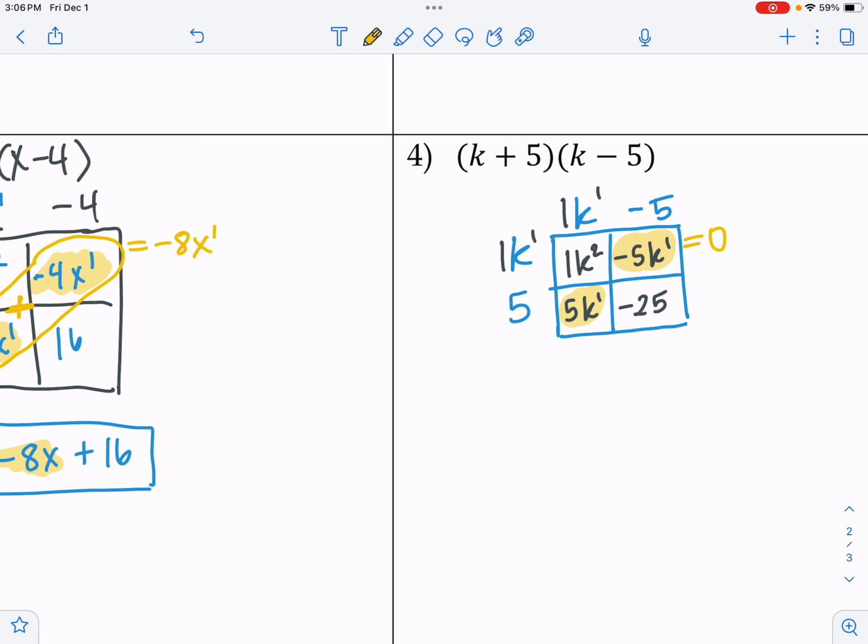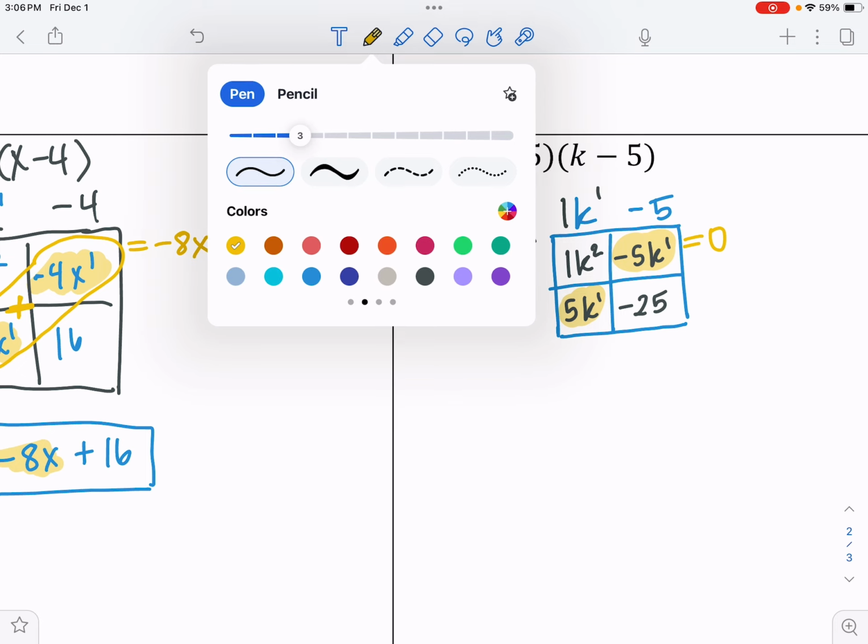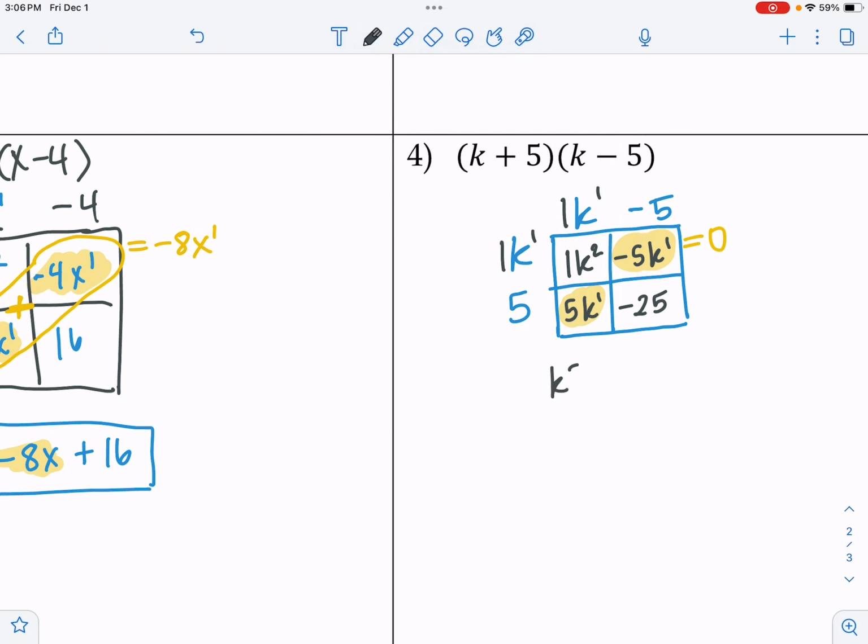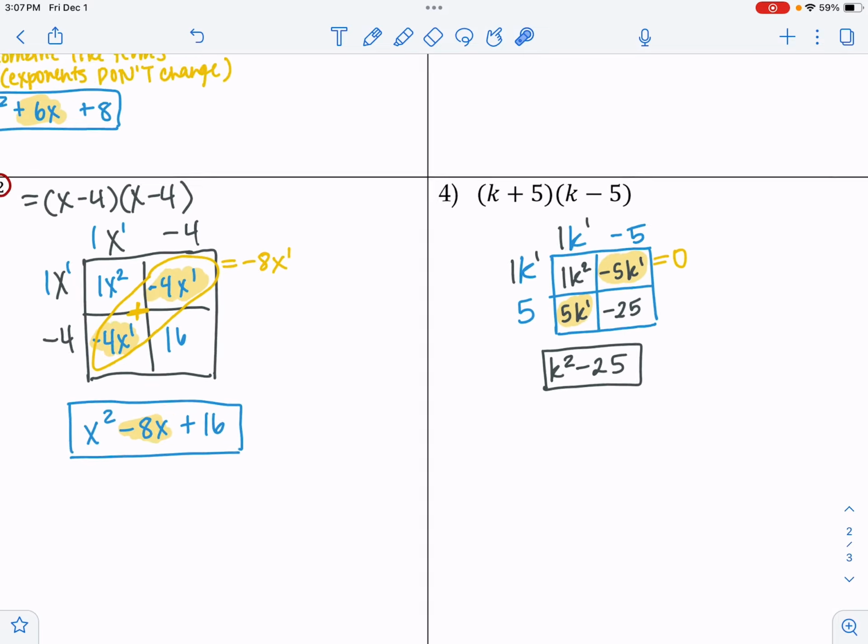And so we don't even write that term. Our final answer would just be k squared minus 25. So anytime you are multiplying two binomials together and they're the same, except one has a plus and one has a minus, your middle term is going to cancel out.